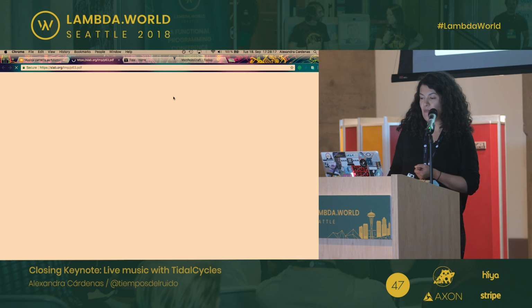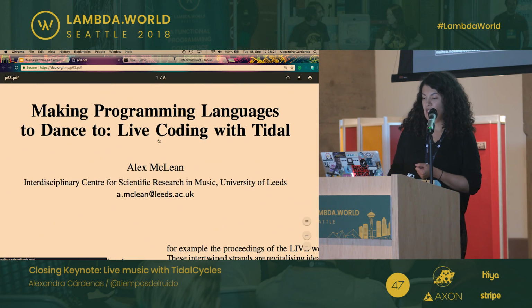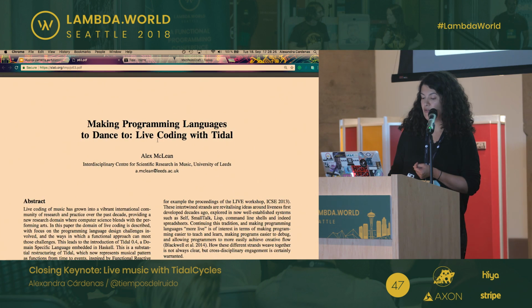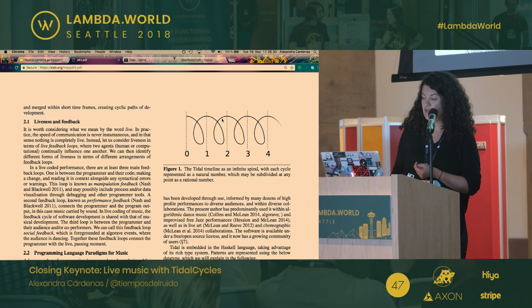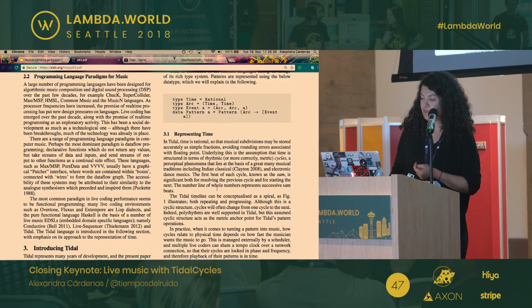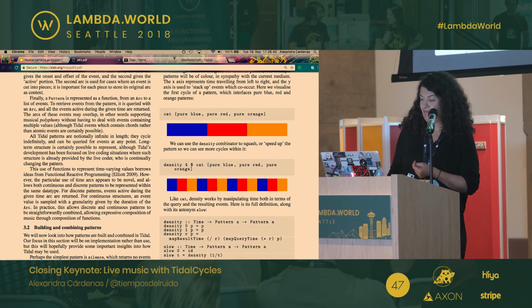Building and combining patterns is the name of his paper that I want to show you here. If you're interested, this is a good paper to read. I want to show you how he sees the representation of the cycles. The Tidal timeline is an infinite spiral. Here it gets very technical for me.